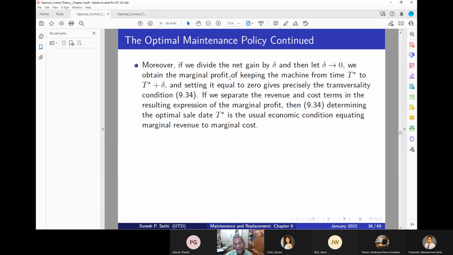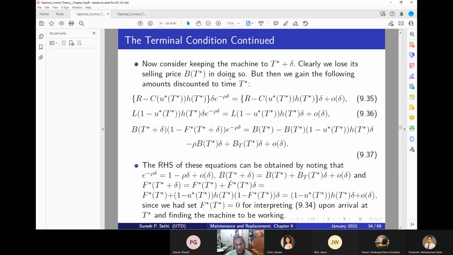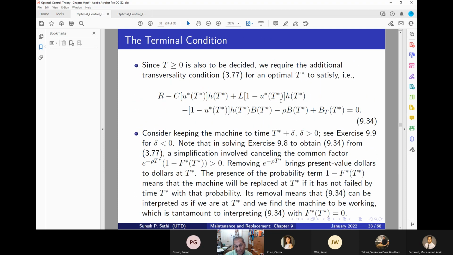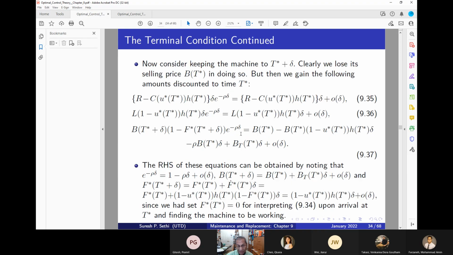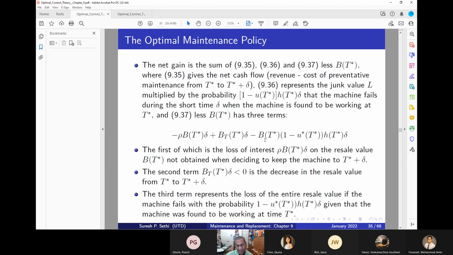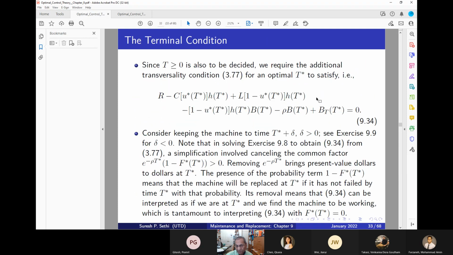But we have now provided an economic interpretation of this highly obtuse looking condition, which by looking at it right away, you have no idea what it is. But if you parse it slowly and meticulously, one by one, and peel it like an onion, you will eventually find that the core is exactly this equation.